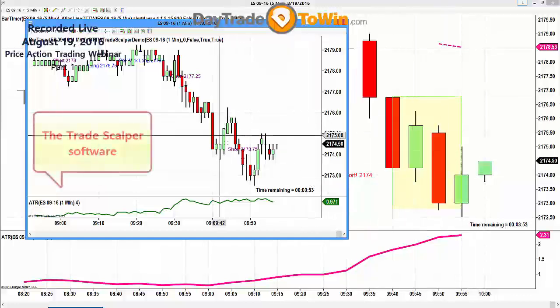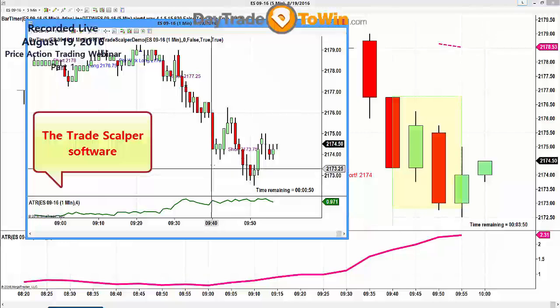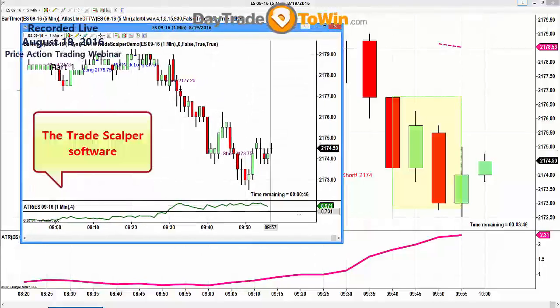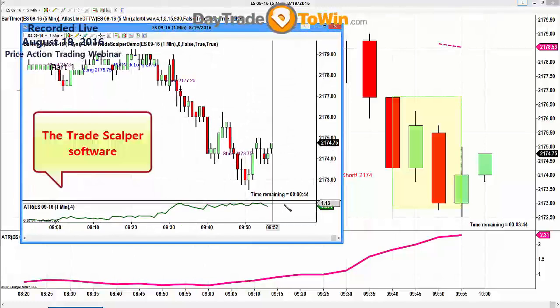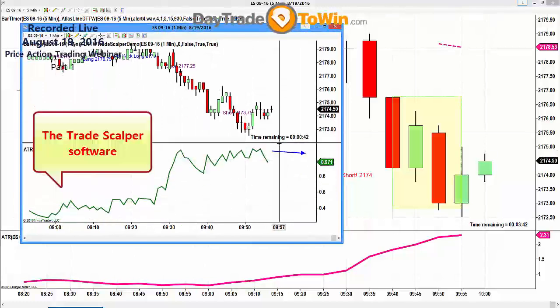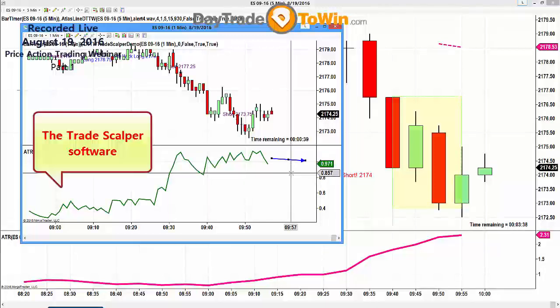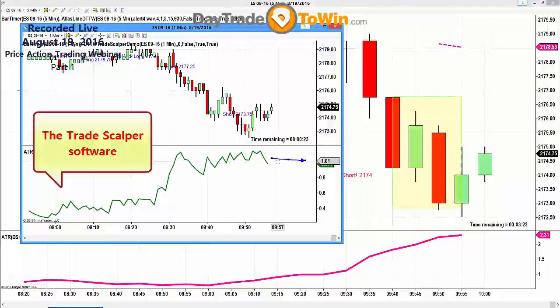So here I have the E-mini with the Trade Scalper, a scalping method that I provide, and you can see that the difference is instead the last 4 1-minute candles is 3 ticks. Now, if you're a scalper and you want to take 5 ticks, you can't make 5 ticks because the ATR is telling you 3.